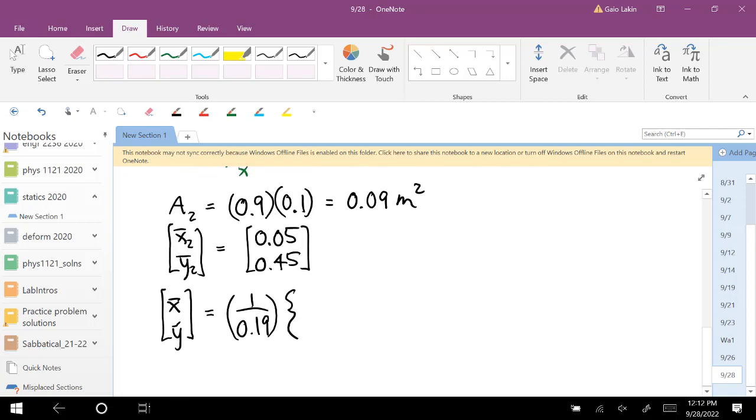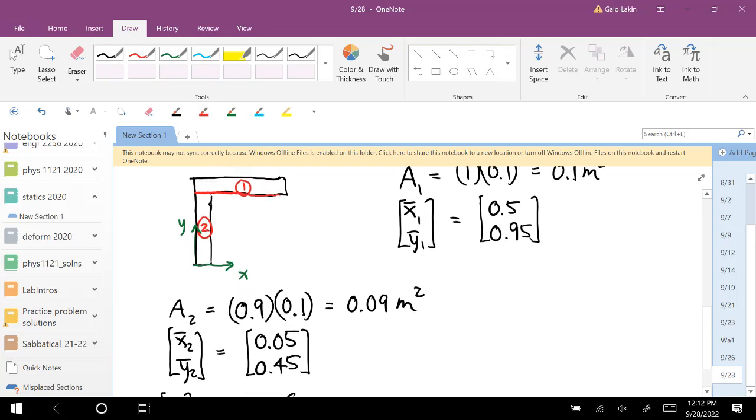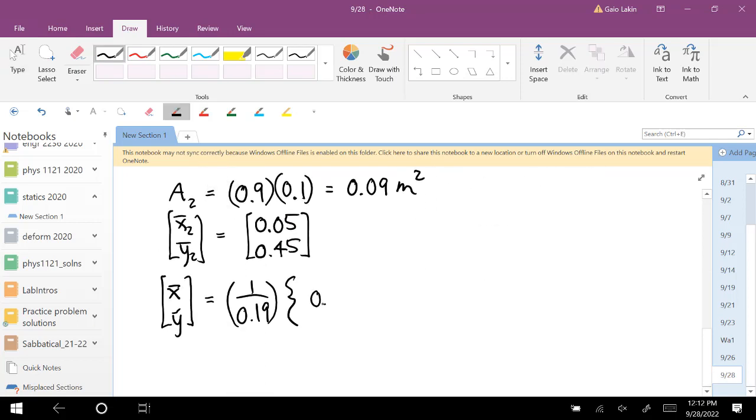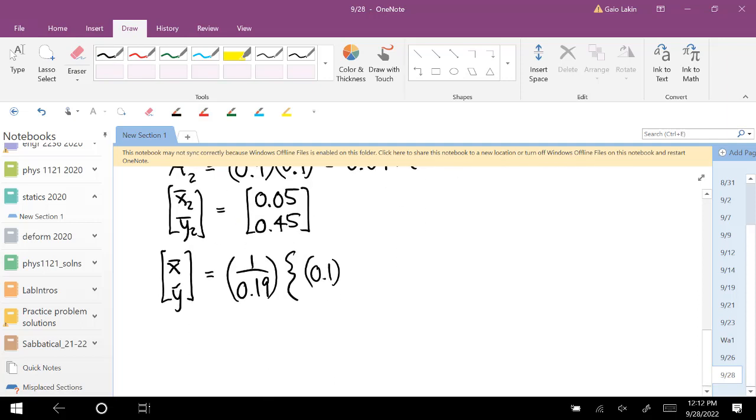And then the area of the first piece times its centroid, 0.5, 0.95, plus the area of the second piece times its centroid.